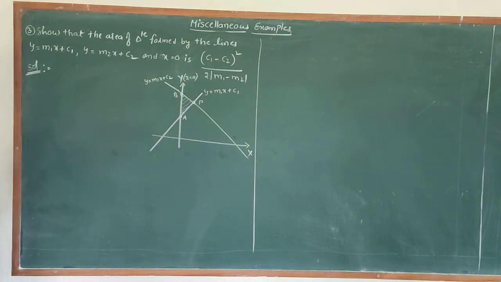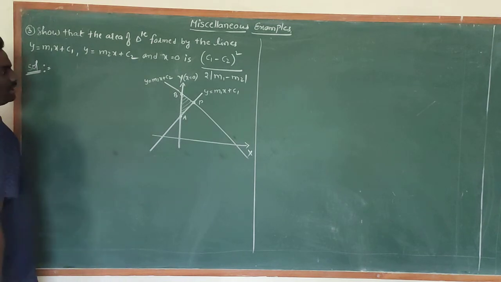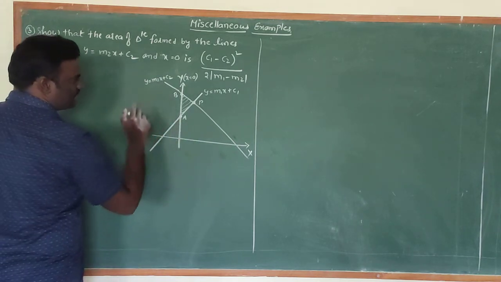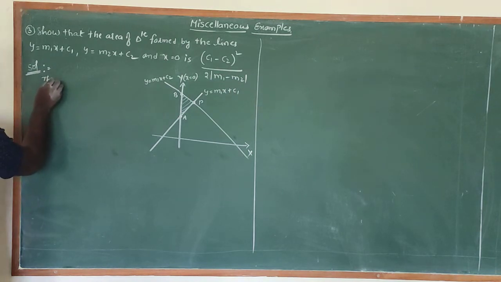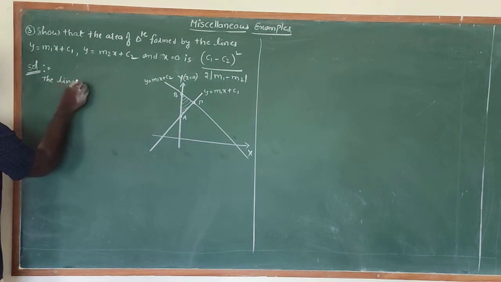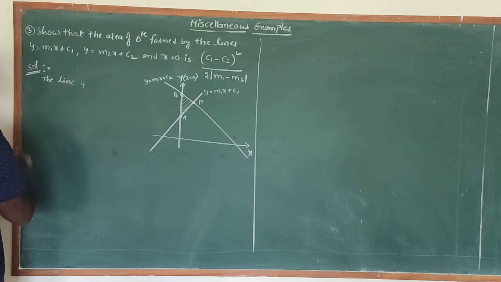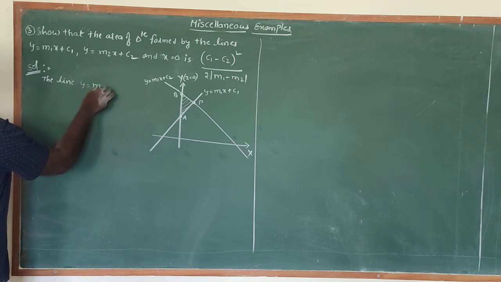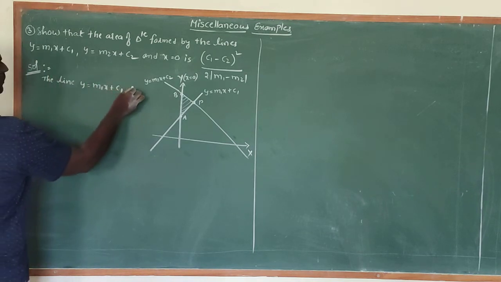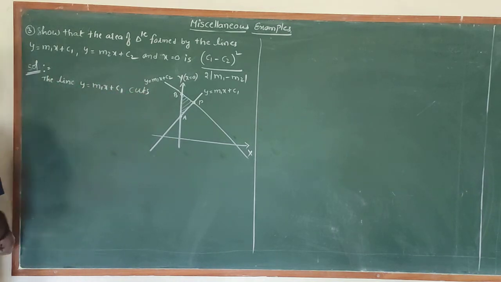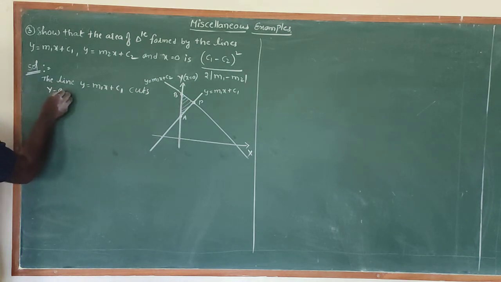We need to find the area of the triangle. Now this line cuts which axis? Y axis. The line y equals m1x plus c1 cuts the y axis at A.